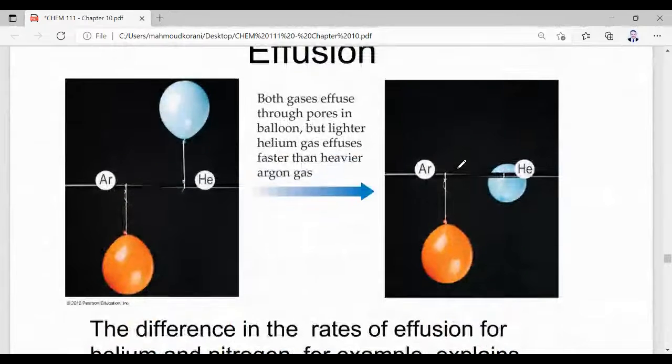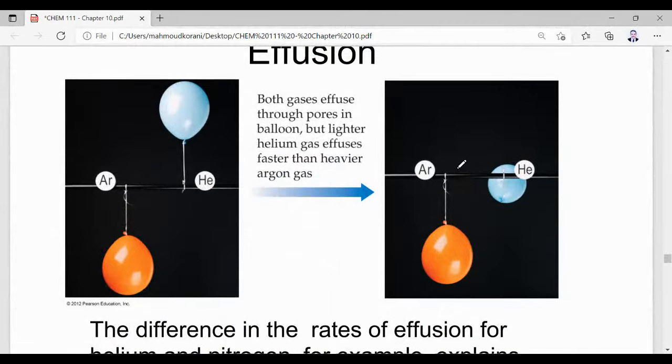Also, if you have two gases, for example two balloons, one filled with argon and the other filled with helium, and of course this kind of balloon contains small holes, small pores, or small gaps, and the gas molecules escape from it.